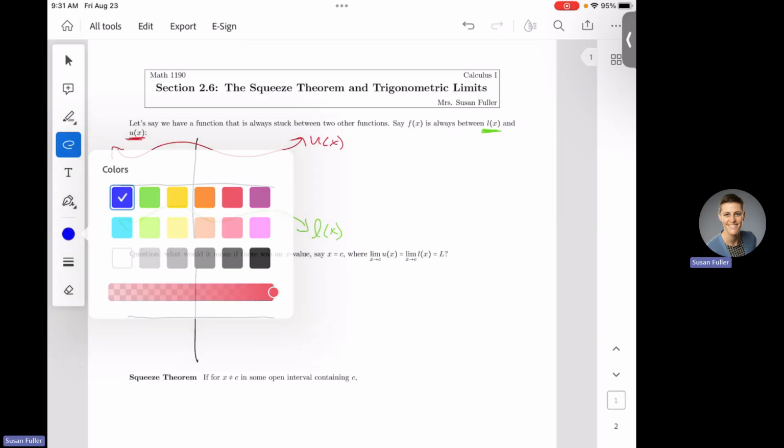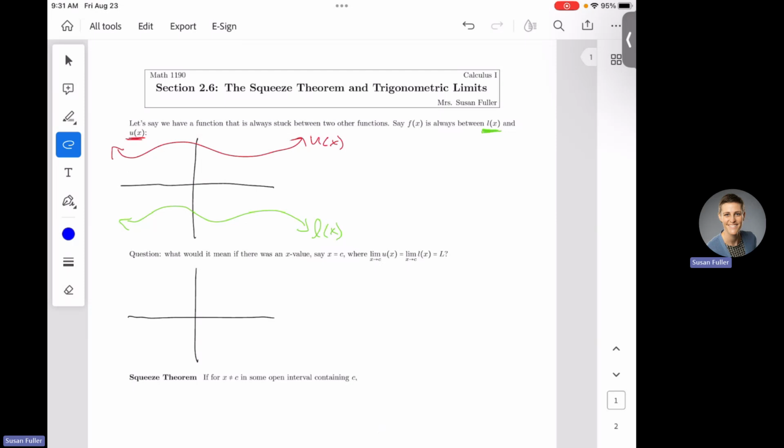Basically what we're going to need is that f of x has to stay between these guys. So L of x is always less than or equal to our function f, and u of x is always greater than or equal to f of x everywhere. So f of x is going to be stuck between these two functions. There might be places where we touch the other functions, so pretend that these actually touch.